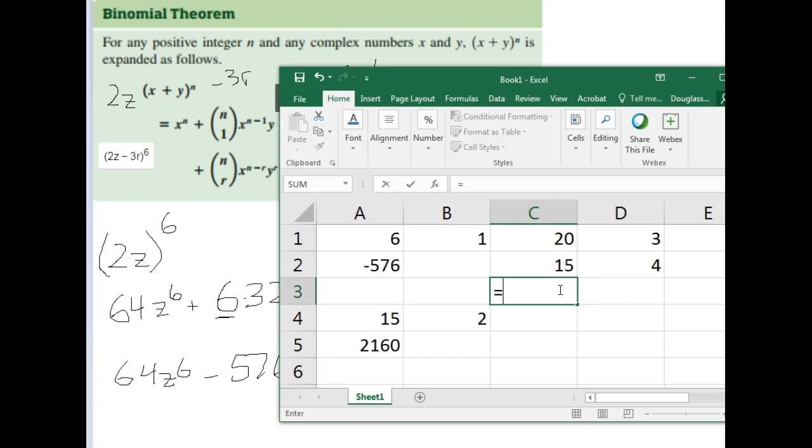And then 6 combination 5, now we're back down to 6. So it went 6, 15, 20, 15, 6. So you will see that same number show back up. Don't think you did something wrong because you're getting the same answer for 6 combination 1 as you do for 6 combination 5. That is what will always happen when we count combinations, the number of possible groups.